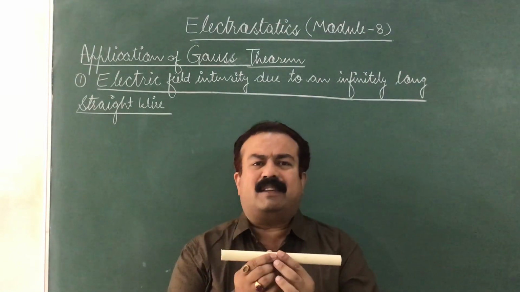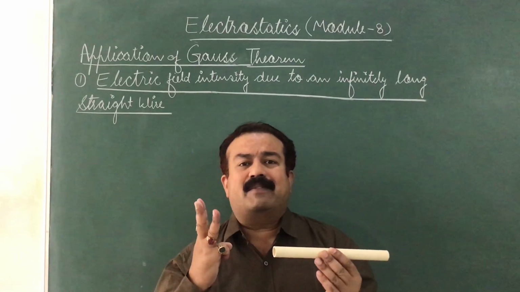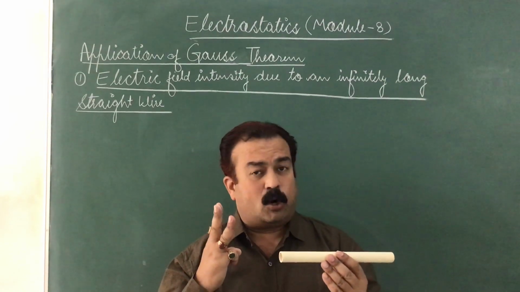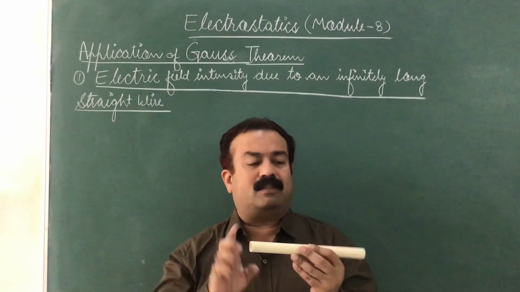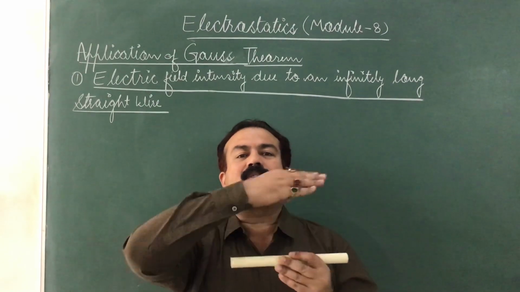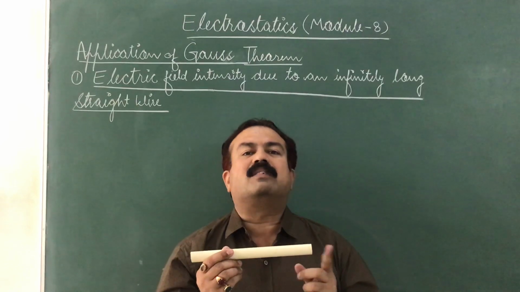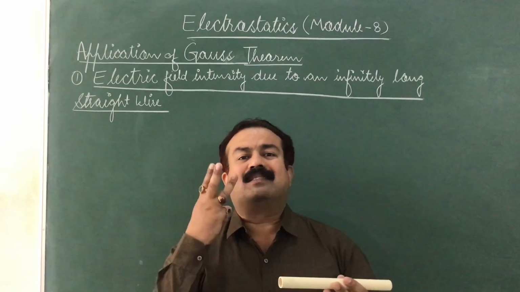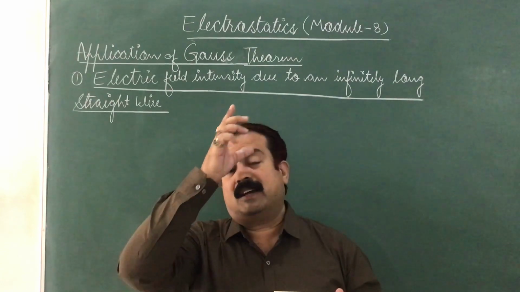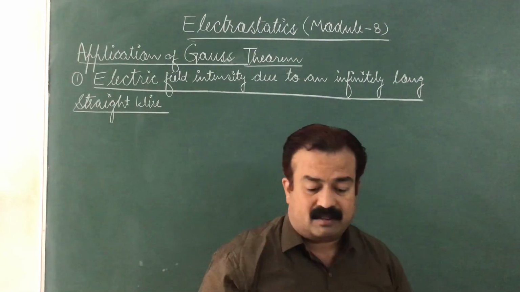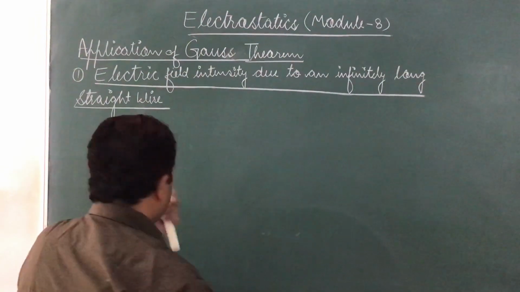So here you can see 3 different directions of area vectors on 3 different surfaces. The first surface is this, the second surface is the curved surface, and the third one is this surface. So these are the 3 different directions of area vectors of the 3 different surfaces. Now see on the board.